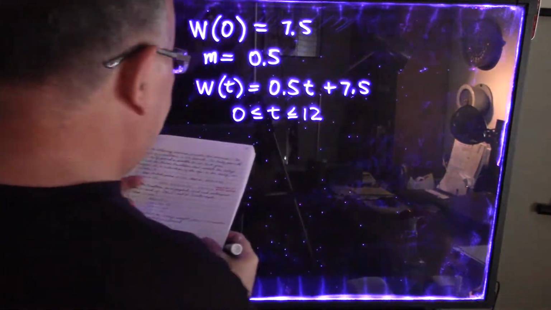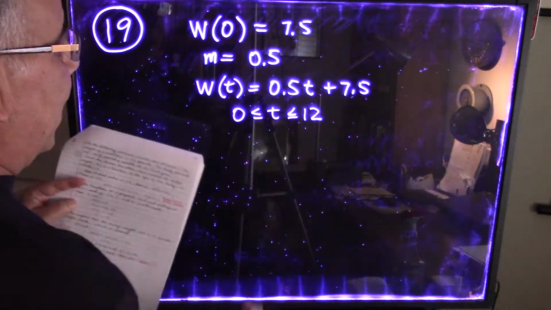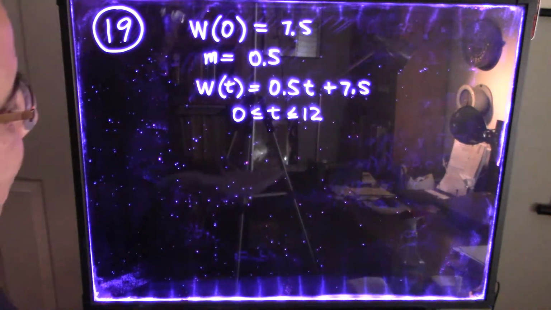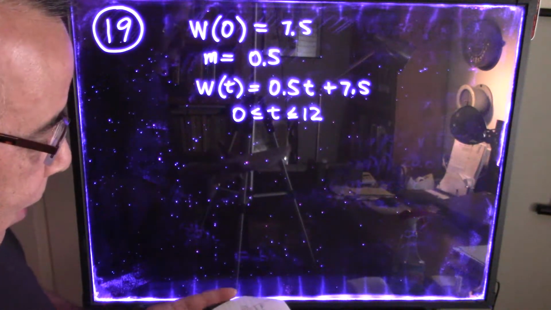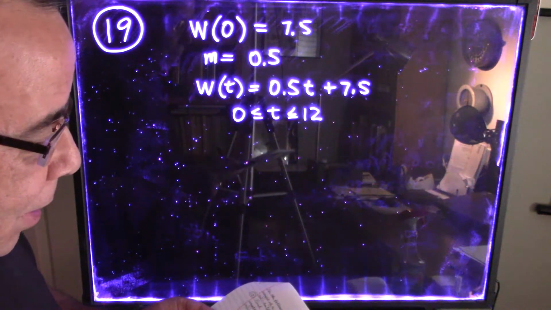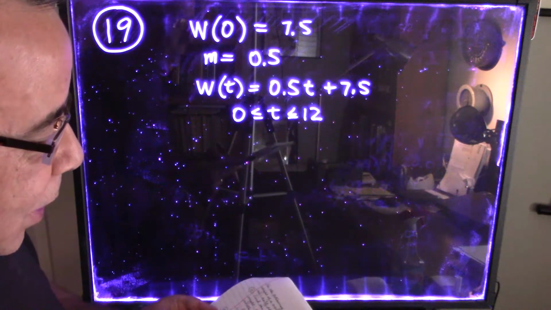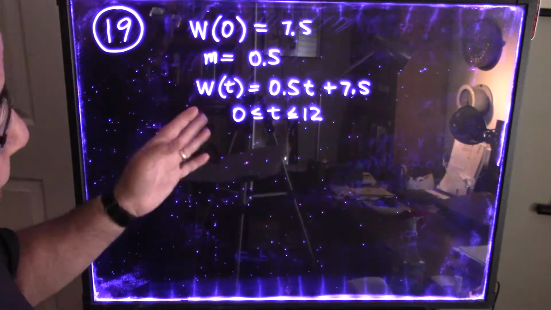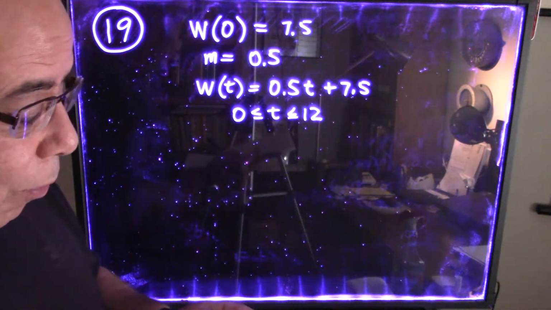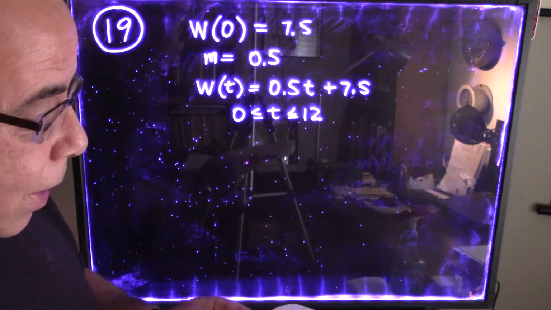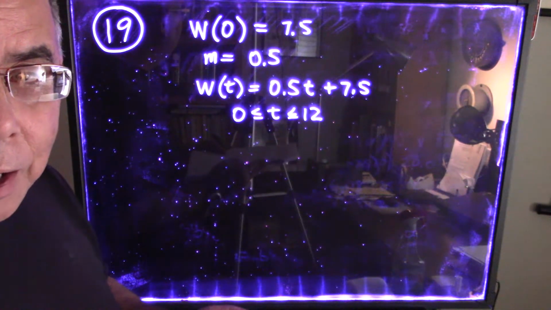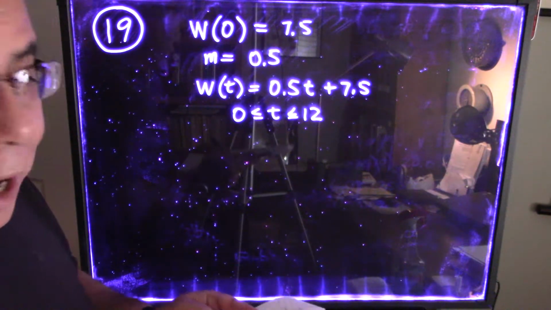The domain is not in the book's answer, but it does have a restricted domain because of the statement of the problem. For its first year, these were the growth conditions of the baby. That's what it told us for the first year, so anything outside of that time frame isn't really valid.